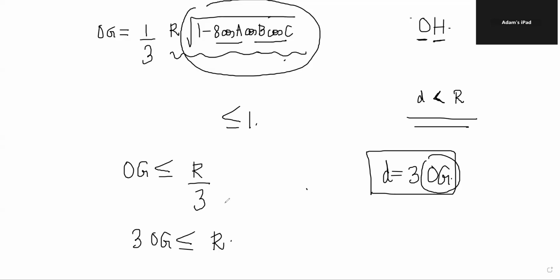By the Euler line property, I have found the OH distance, which is the distance between the orthocenter and circumcenter. That OH distance is R times root over 1 minus 8 cos A cos B cos C. And if I know that, I know that OG is 1/3 of that, because the 4 points lie on the same line.